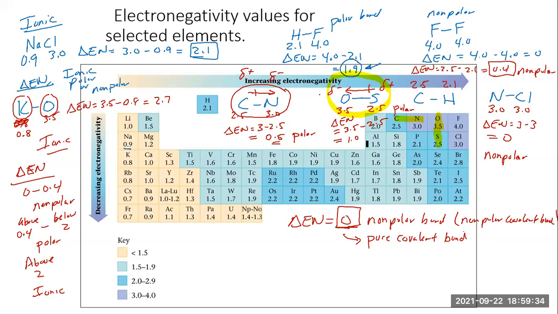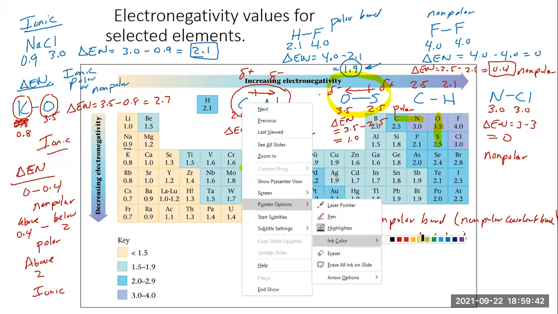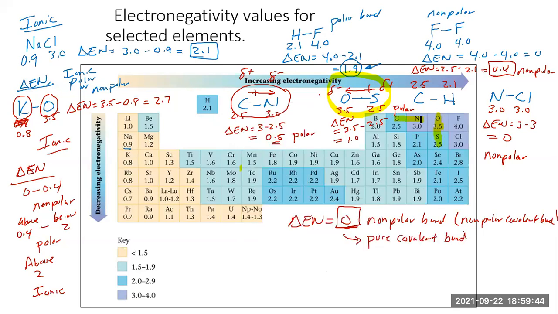So there's a lot of situations where you don't necessarily need the actual numbers to make a fairly educated guess. Those are definitely cases where you're in the same row or the same group. And again, knowing the general trend of up and to the right, it increases, down and to the left, it decreases, you can make a fairly good determination.